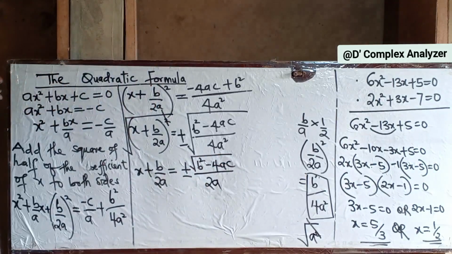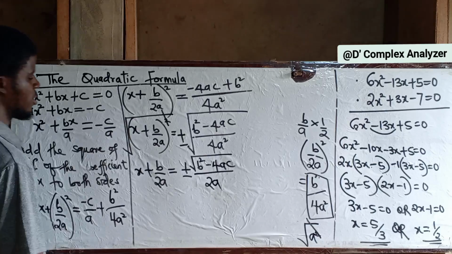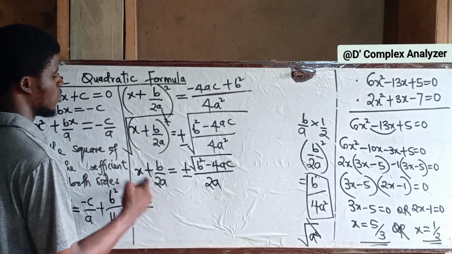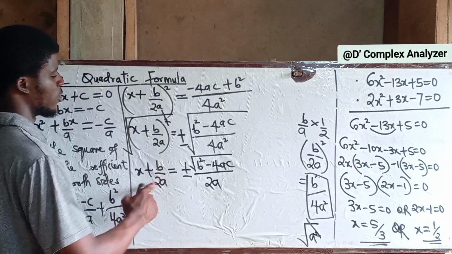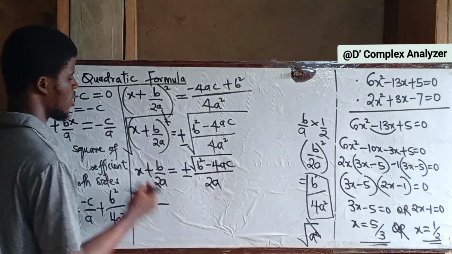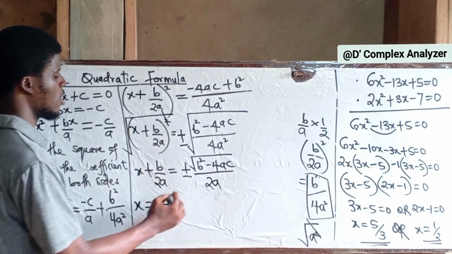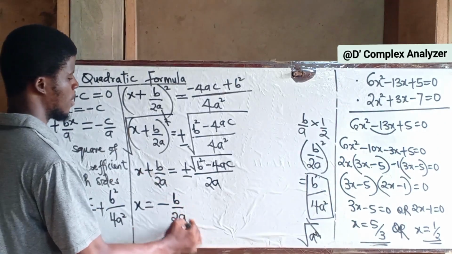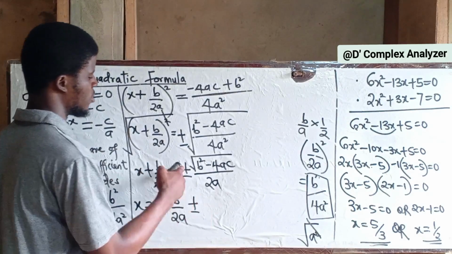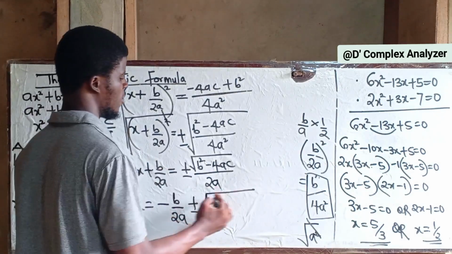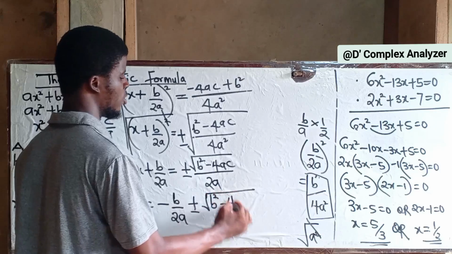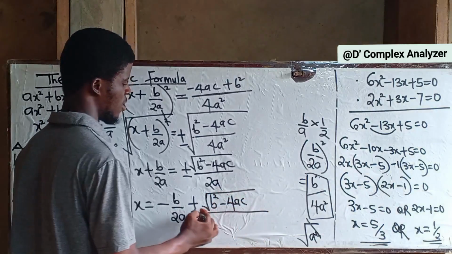So x is going to come out now. x should be equal to, if this b over 2a crosses to the right, it turns to a minus because it had a plus initially. Minus b divided by 2a, plus or minus the square root of b squared minus 4ac over 2a.